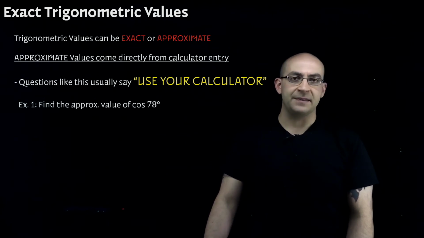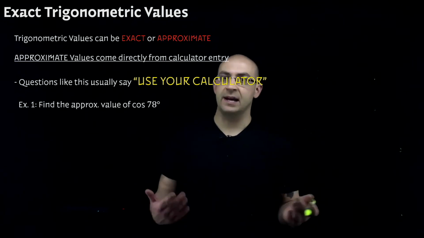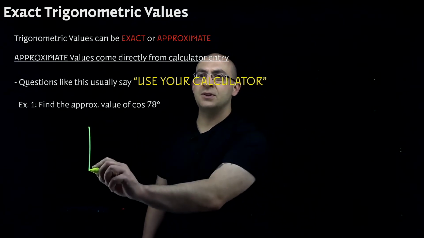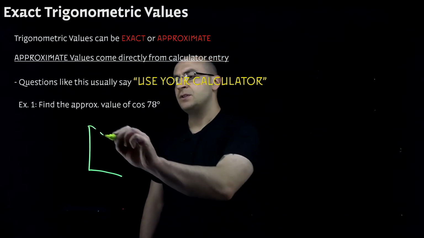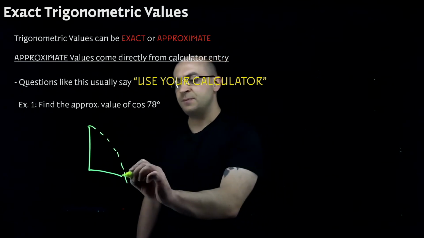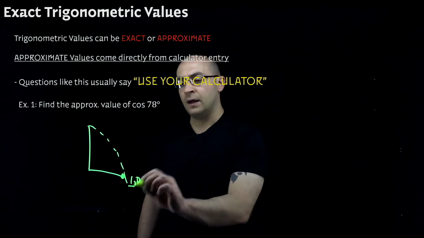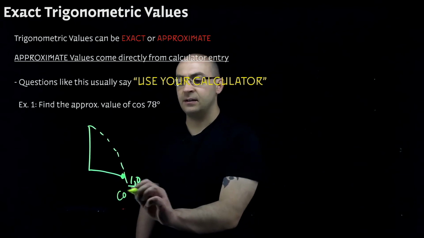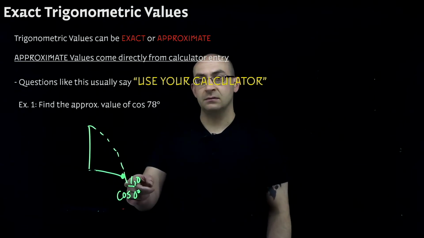Example 1 says to find the approximate value of cosine 78. Let me do a little drawing here on what cosine 78 is really asking us for. Let's talk about the first quadrant of the unit circle. This point here is 1, 0. 1 is cosine of 0 degrees because this is the 0 degree angle.